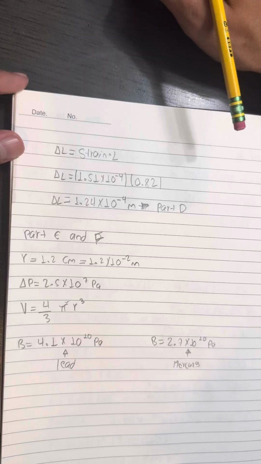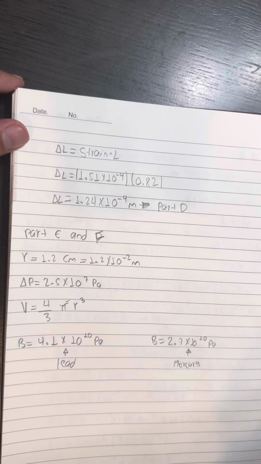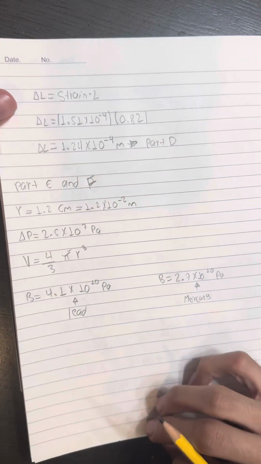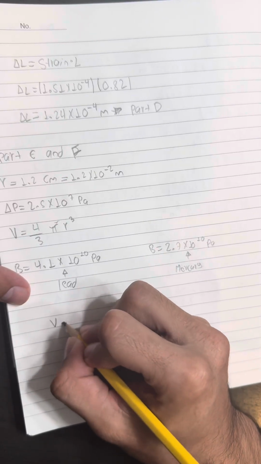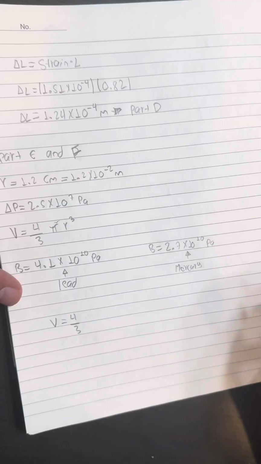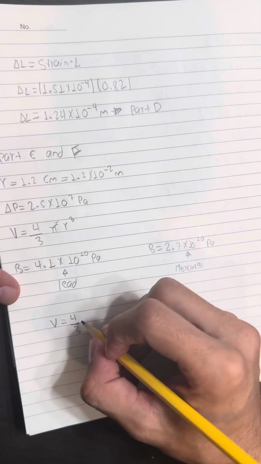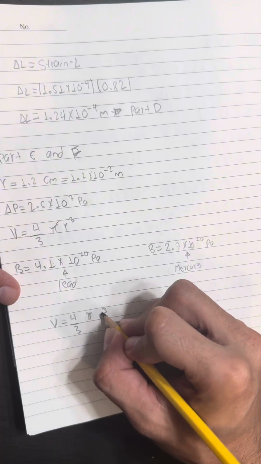Okay, so for part E, we're going to compute the volume. So we're going to use the formula for volume. Volume is equal to 4/3 times pi times the cubed radius.